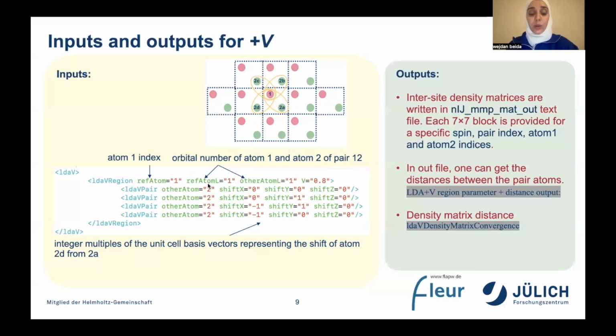Also, you should specify the orbital character of the reference atom and the orbital character of the other atom. This can take the value 0, 1, 2, or 3. And so here we have 1, 1, which means p-p interaction.